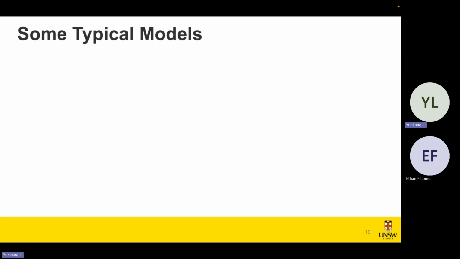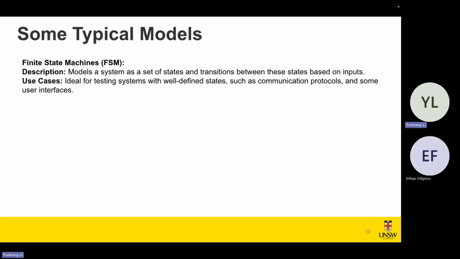So here are some more typical models. First is finite state machine. A finite state machine actually looks like this.